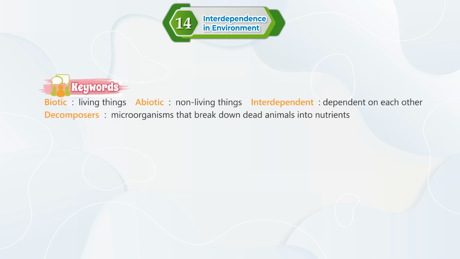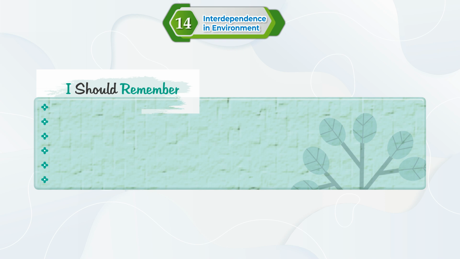Keywords: biotic, living things; abiotic, non-living things; interdependent, dependent on each other; decomposers, microorganisms that break down dead animals into nutrients. I should remember, everything around us is a part of our environment.